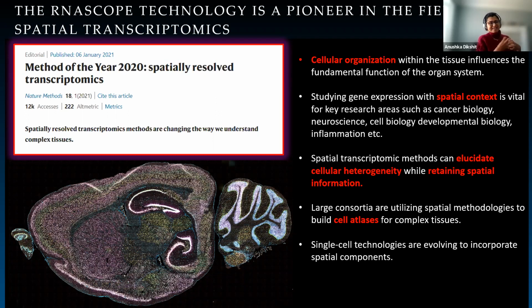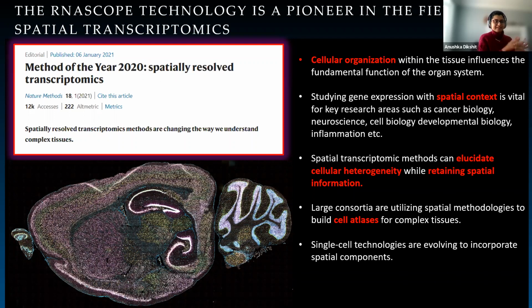So overall, why is spatial transcriptomics important? Because it helps us elucidate cellular heterogeneity and study novel cell types that are identified by single cell sequencing, for example, in a spatial context. In the last few years, we've seen a lot of these cell atlases being developed for normal and pathological tissues.